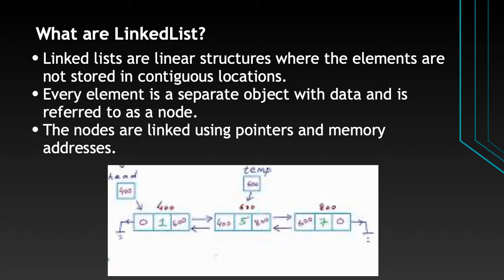As you can see here, it's doubly linked because it has the 400, which is the reference to the previous node, right? And we have 800, which is the reference to the next node, which contains the number 7. So far we have 1, 5, and 7.